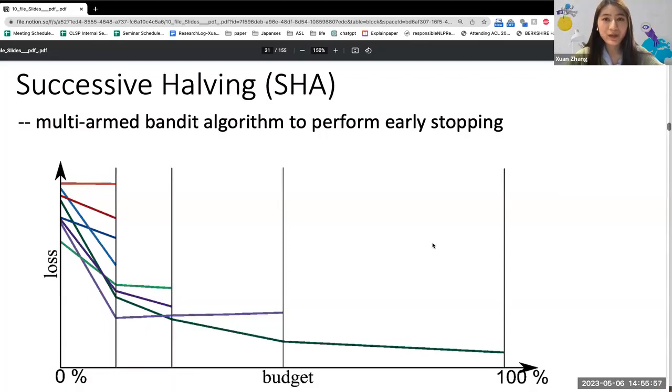Picture this: you have n different configurations and a certain budget, like training time. In each iteration, as shown in the figure, successive halving keeps the top half of the configurations and discards the less effective half. This process continues until only one configuration remains, and the method wraps up when it reaches its maximum budget.